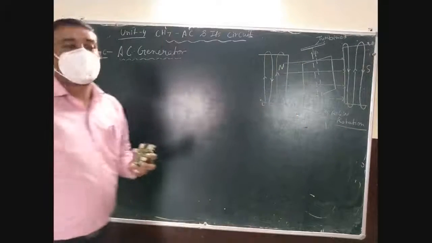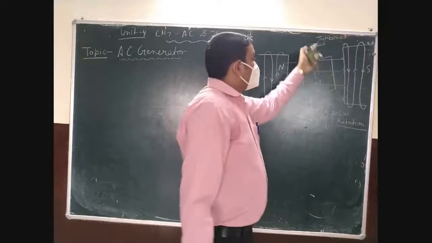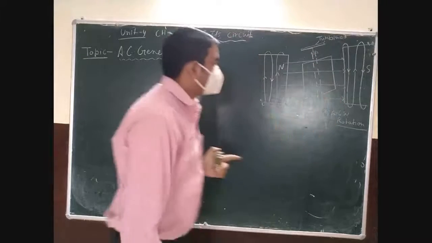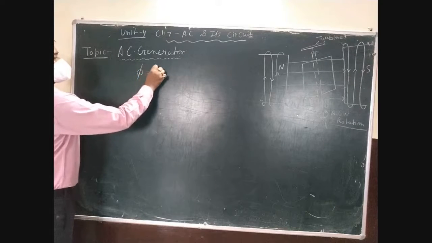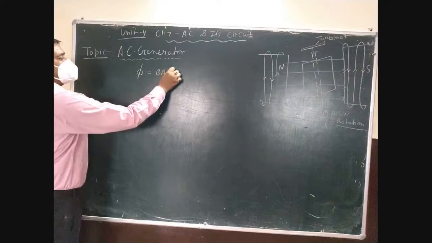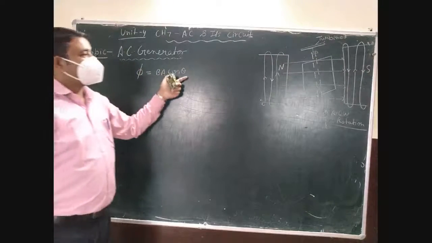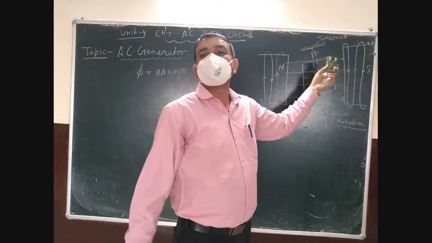Now what happens when the coil is rotated? The flux changes continuously, and the flux is given by phi is equal to BA cos theta. Theta depends on time or on its rotation.